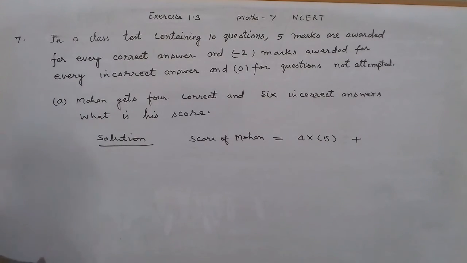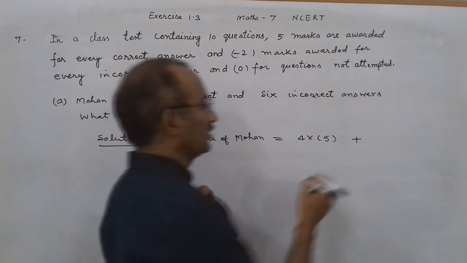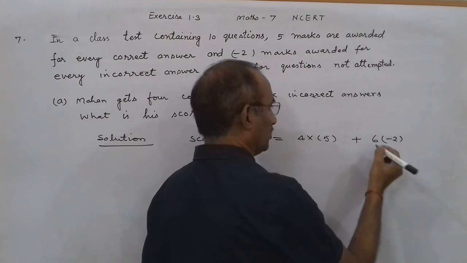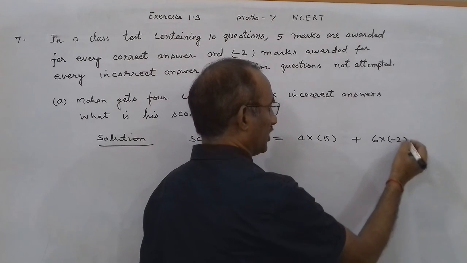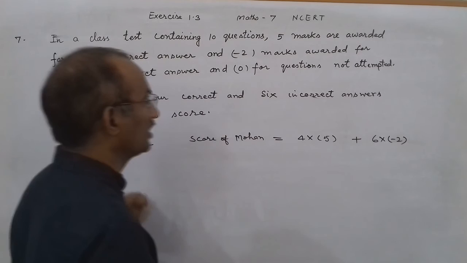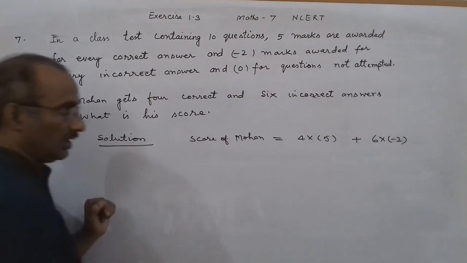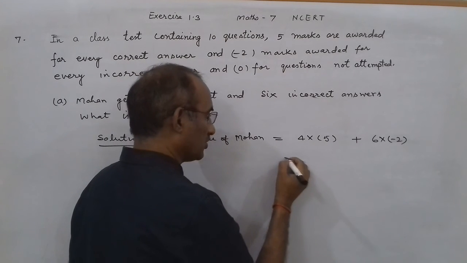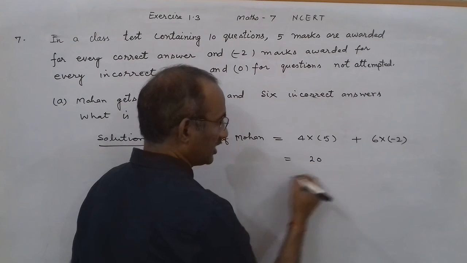Mohan gets 6 incorrect answers, so 6 is multiplied with minus 2 because for every incorrect answer, minus 2 marks are awarded. Hence we multiply 4 with 5 and 6 with minus 2. If we multiply 4 with 5, we get 20.